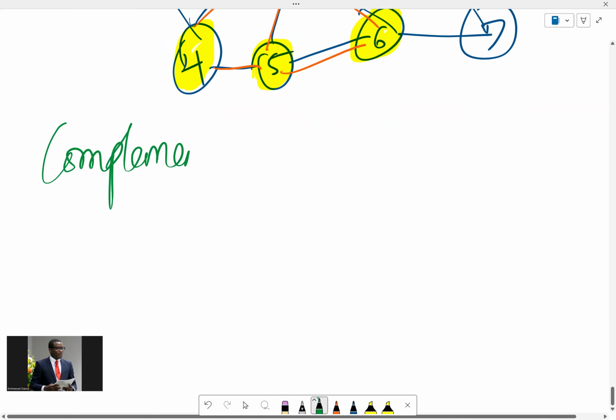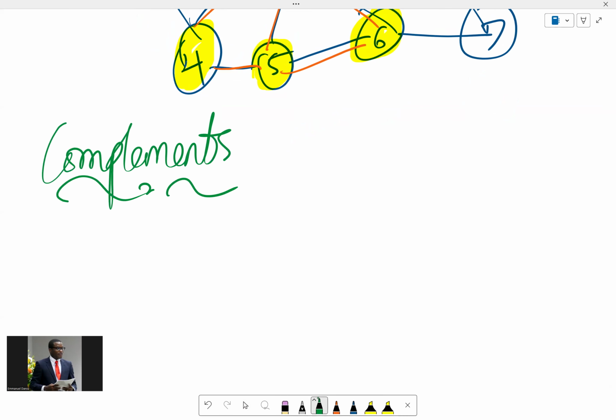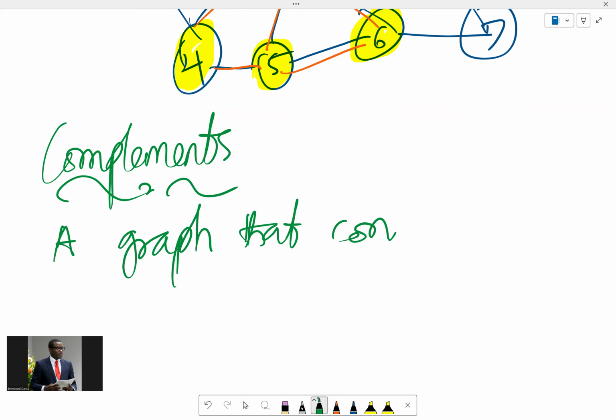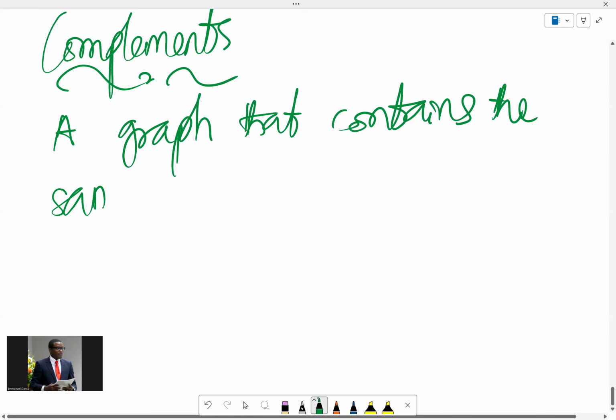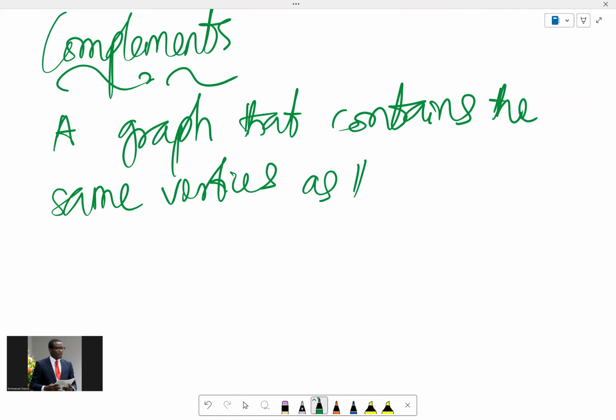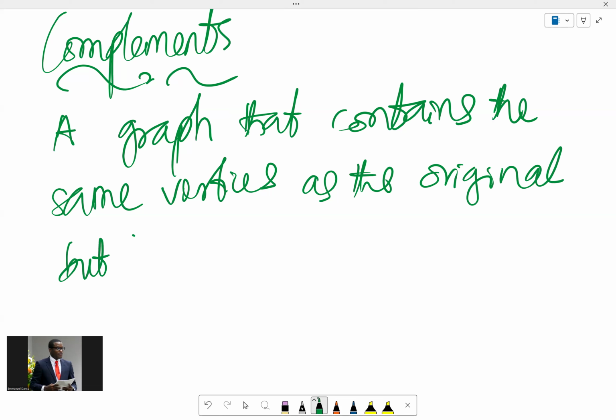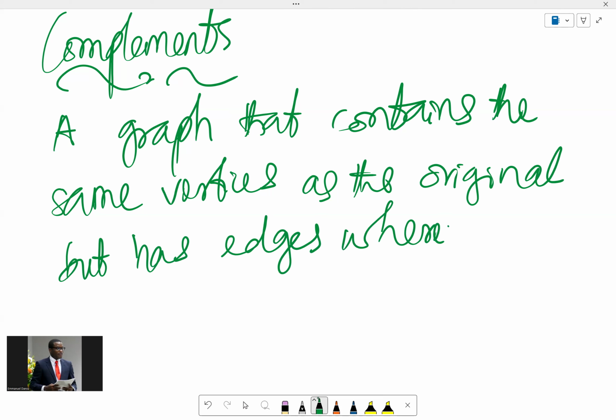A complement is a graph that contains the same vertices as the original, but has edges wherever the original graph does not.